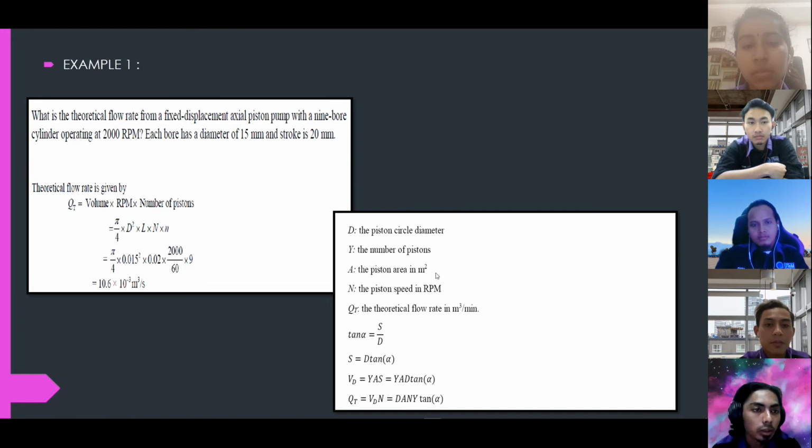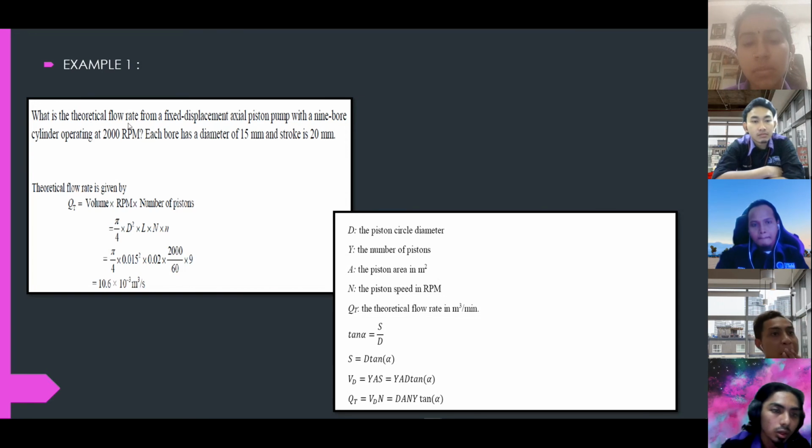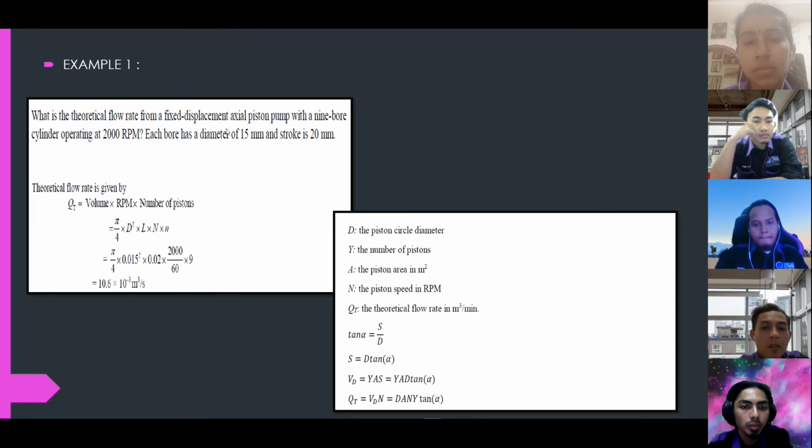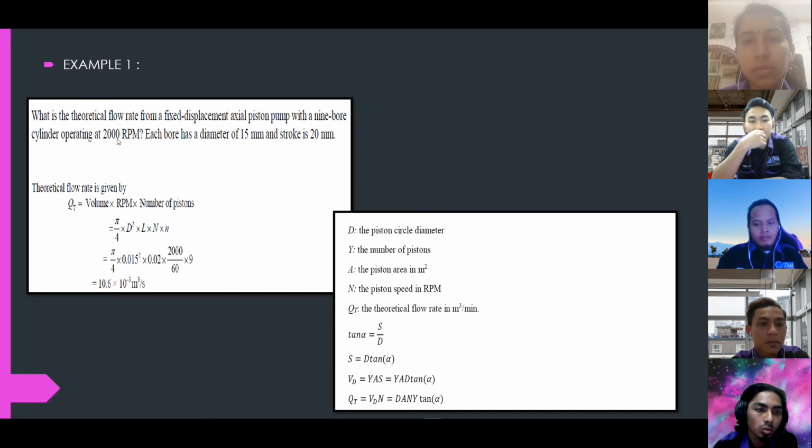Let me take example 1. The question is, what is the theoretical flow rate from a fixed displacement axial piston pump with a 9-bore cylinder operating at 2000 RPM? Each bore has a diameter of 50 millimeters and stroke is 20 millimeters.